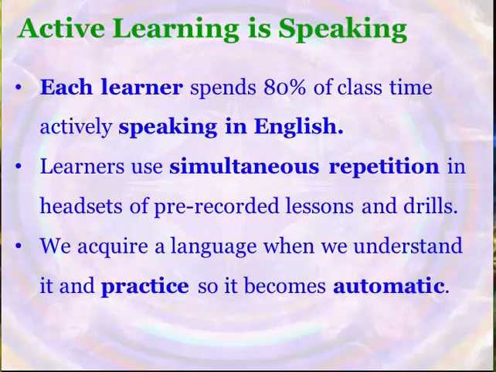There is a huge difference between these two sentences. Learners spend 80% of class time actively speaking in the new language. The second phrase: each learner spends 80% of class time actively speaking in the new language.